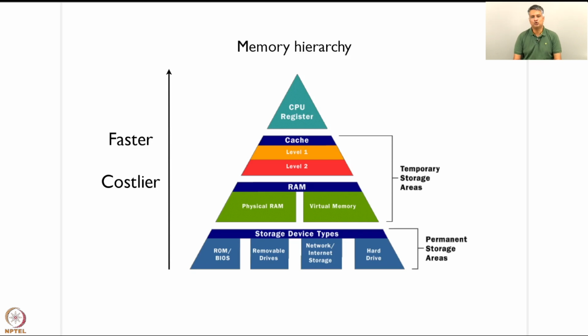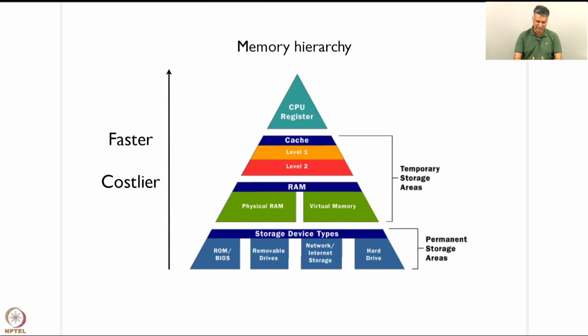Now, you can have another set of temporary storage areas which is called cache. Nowadays cache can be of multiple levels, level 1, 2, 3, and so on, which is still on the microprocessor but a little bit further away from the logic circuits which are actually doing the calculations.